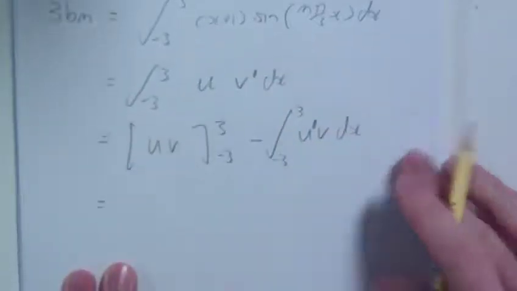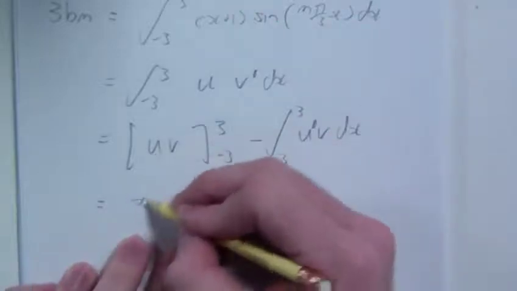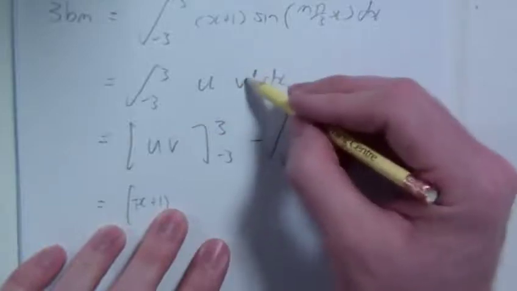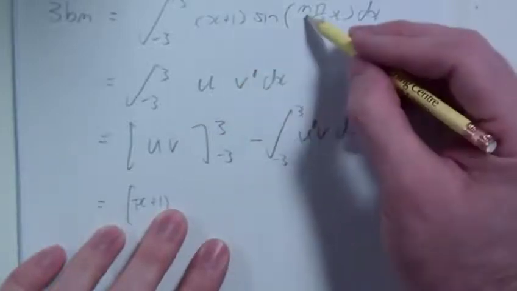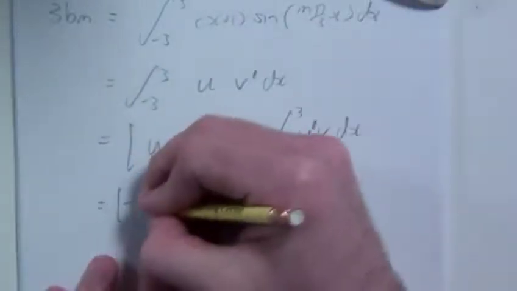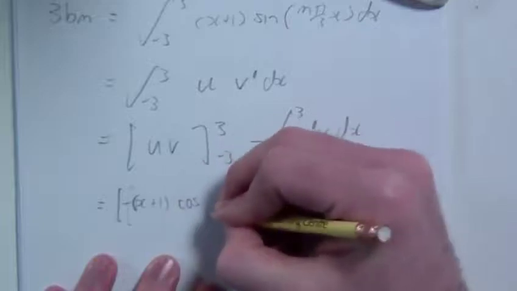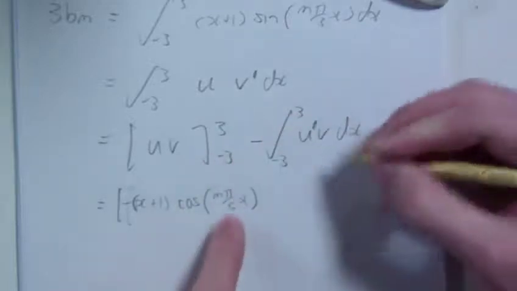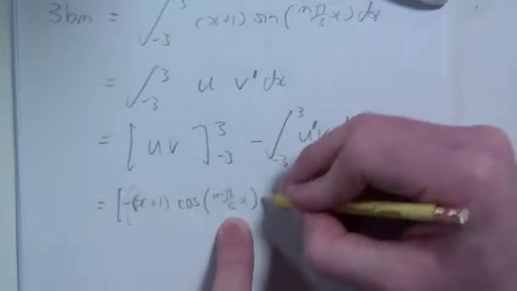So let's see. The u is x plus 1, which is still here. This v is the integral of v dash, so the integral of sine is minus cos, and because of the chain rule in reverse, I'll have to divide by this.